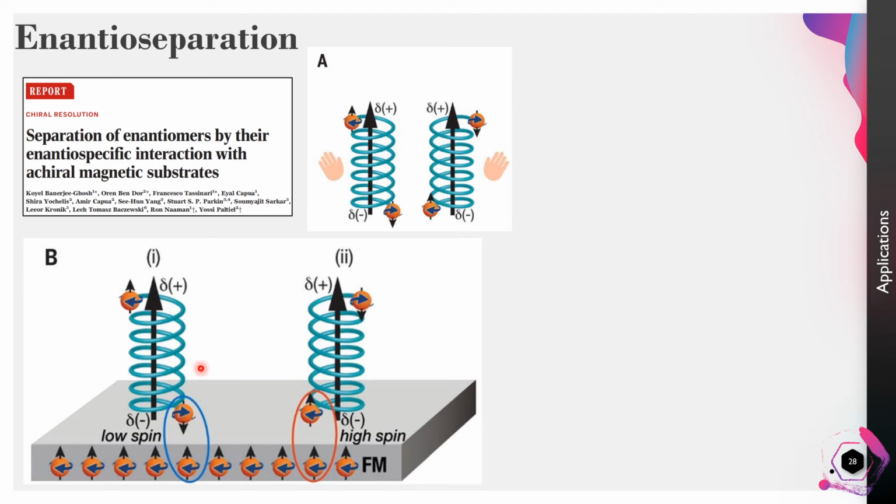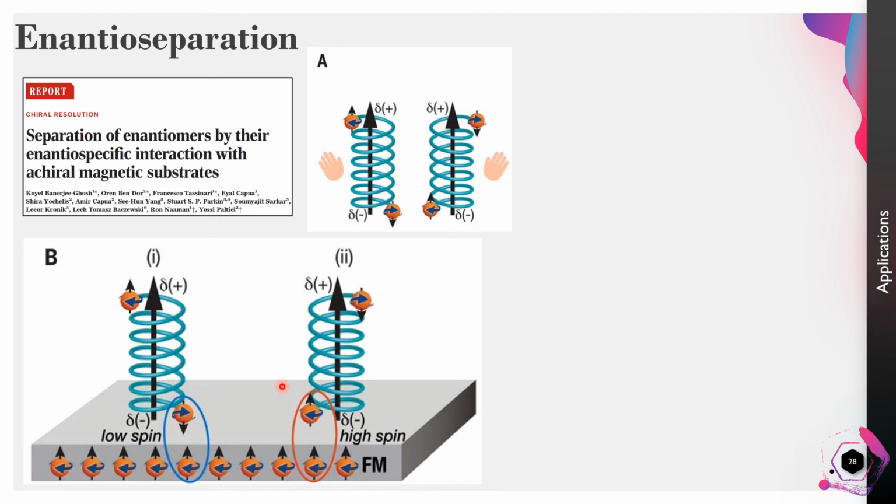So what that means is that the chiral enantiomer, which would result in spin polarization of one form shown here, the low spin form, will preferentially bind just due to the coupling of the molecule and substrate, compared to the high spin situation of the other enantiomer.